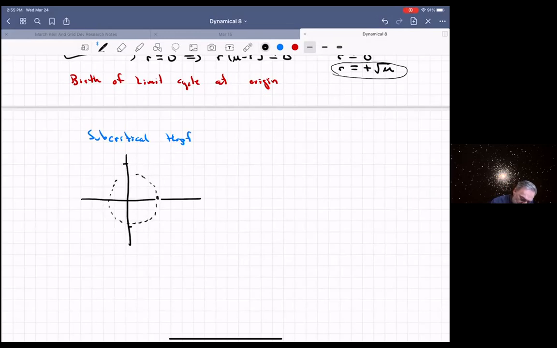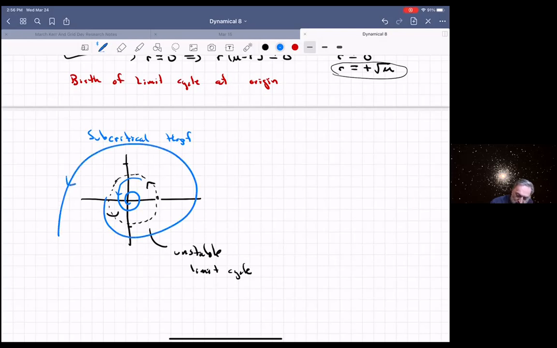So this is actually kind of a cool thing right here. This is an unstable limit cycle. That means that trajectories that start near it on the inside spiral down to the origin, and trajectories that start near it on the outside spiral away. Okay, so an unstable limit cycle is separating two regions.